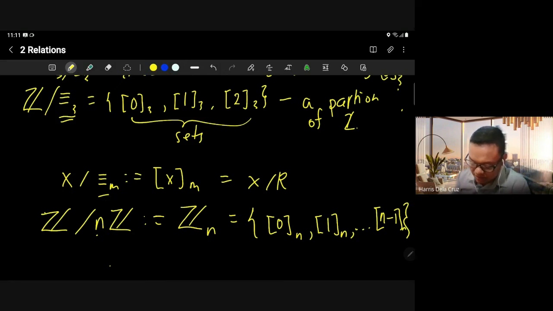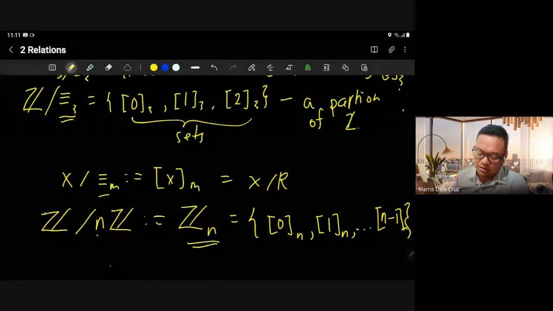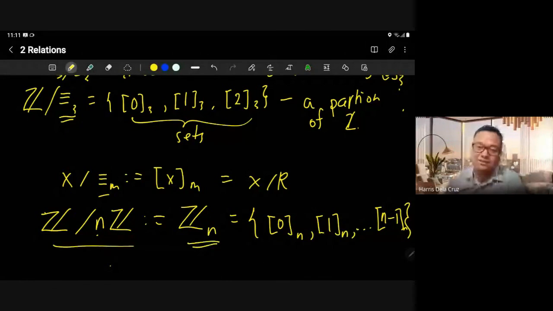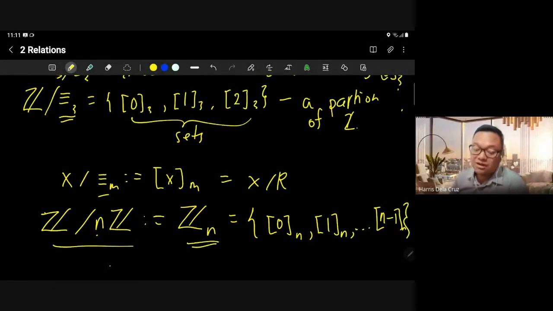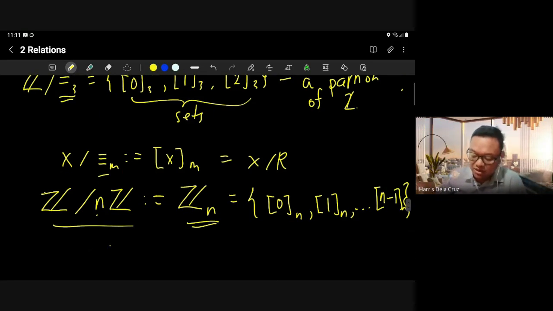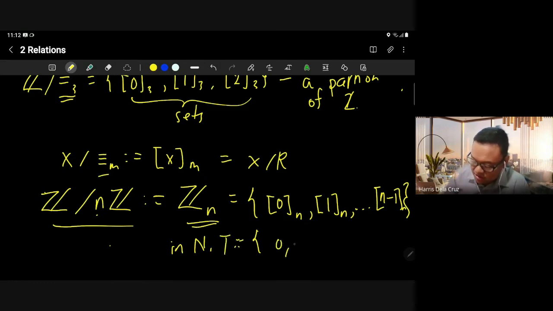So pag modulo relation yung given, so ang modulo dito n. Okay? So yung Z sub n na ginagamit niyo sa abstract algebra or sa number theory, gagamitin pa lang pala, wala pa kayo number theory. Yung gamitin sa number theory is actually precisely the collection of the modulo class C modulo relation. Pero syempre, in number theory, ang gagamitin niyo na lang dyan, 0, 1, 2, up to n minus 1.